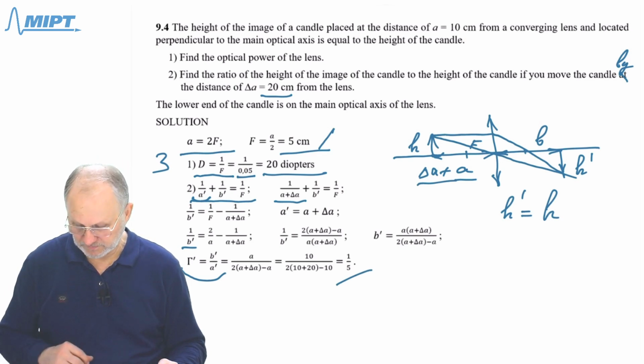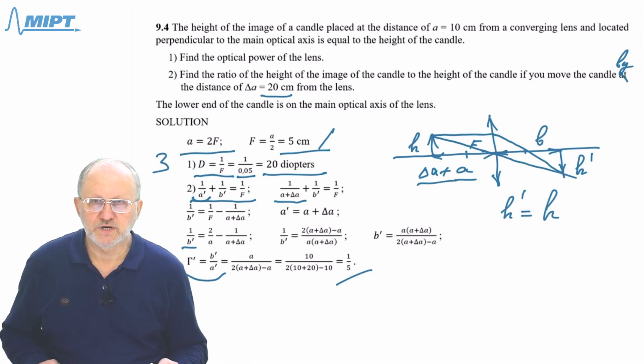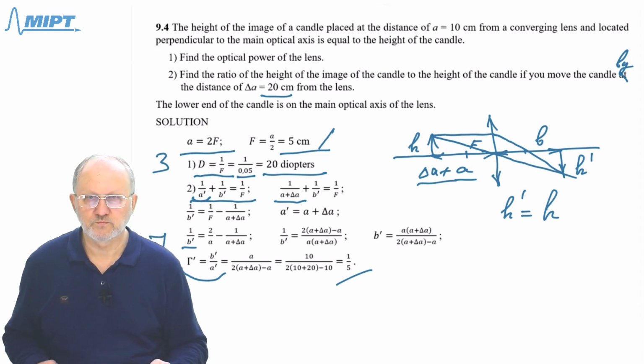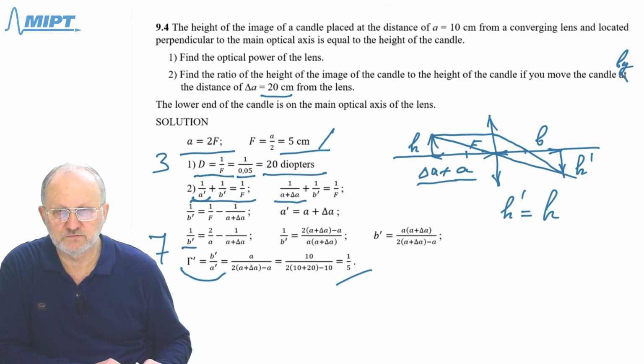If you obtain this result, then you will get for the second part of this problem 7 points. So the total number of points is again 10 points for the 2 questions of this problem.